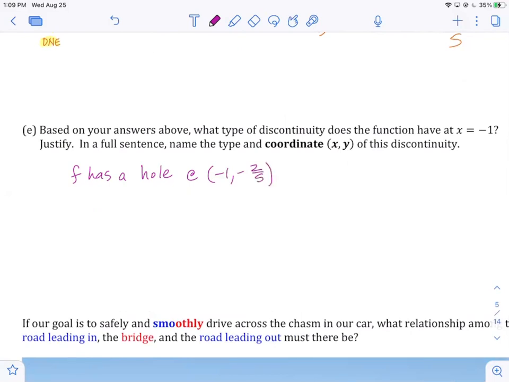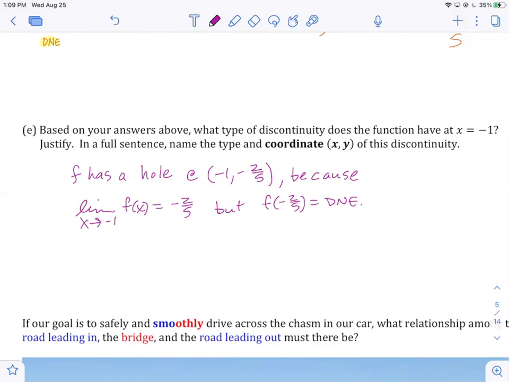And if you had to justify, you could say comma because. We'll go ahead and try it. The most concise way would be because the limit as x goes to -1 of f of x equals -2/5, but f of -1 equals DNE. Okay? That would be the justification.